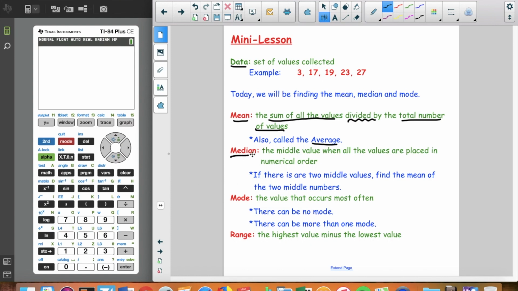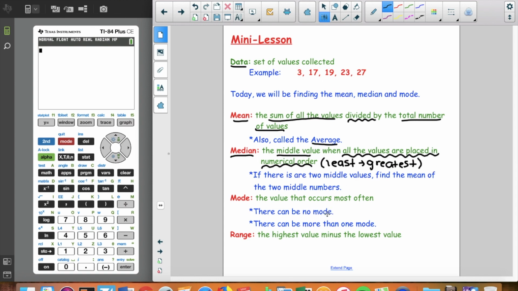So the median is the middle number when all values are placed in numerical order. That is so important. In numerical order, they should go from least to greatest. Okay, they have to be listed in order or else you're not finding the median of the data.